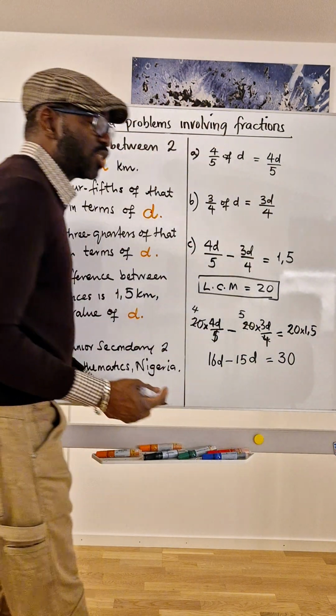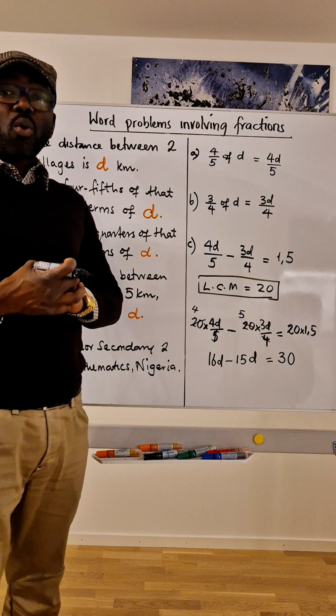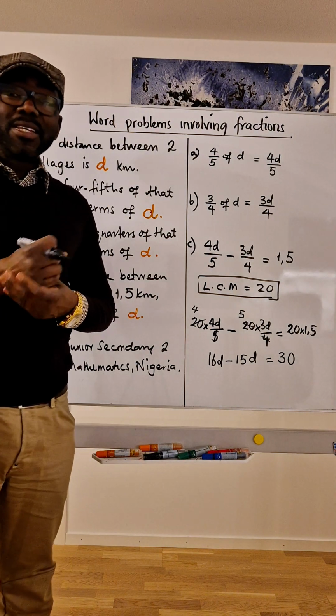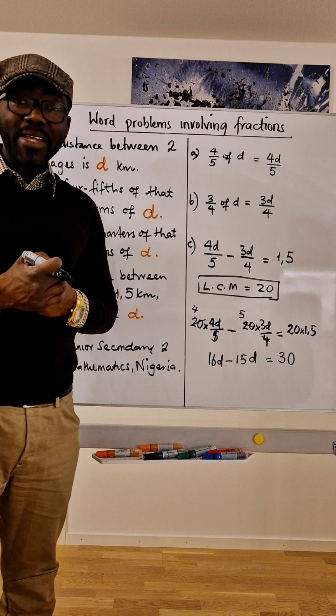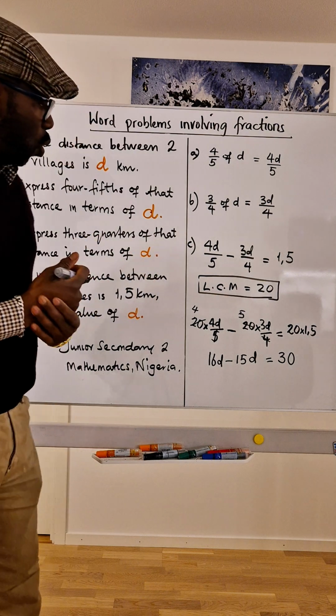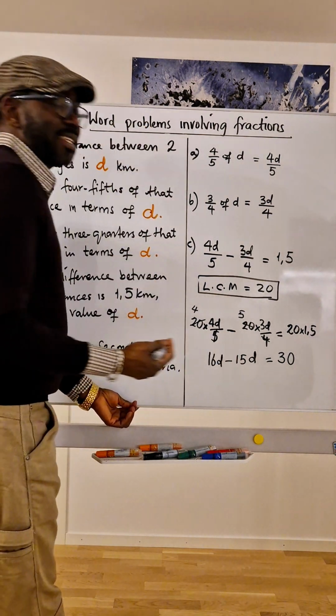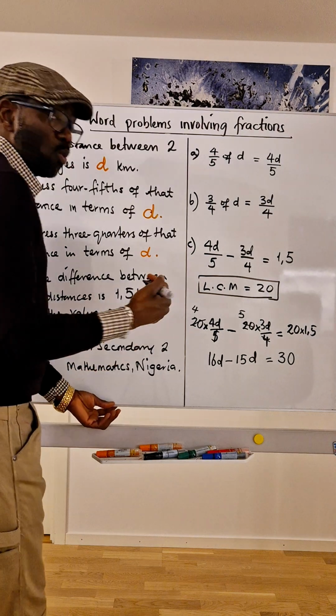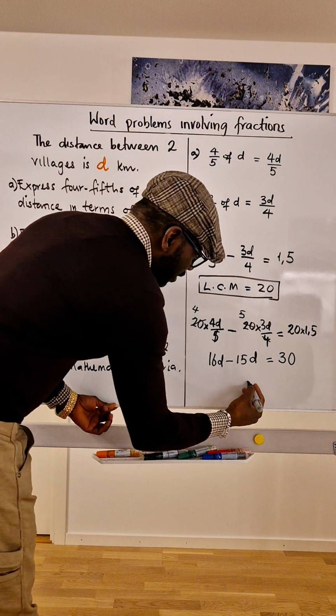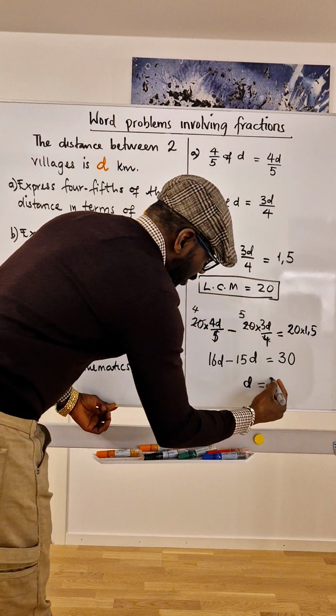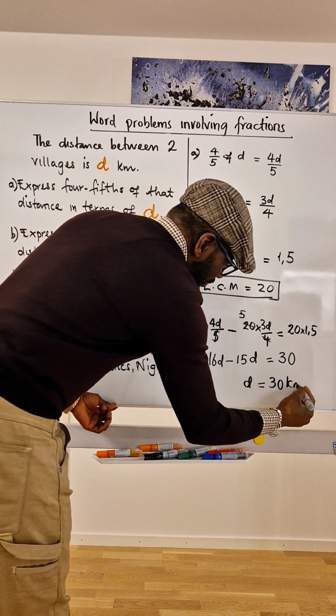If you multiply 20 times 1.5, it's like adding 20 to 10. That's 30. Okay. So we can see here that 16d minus 15d will be 1d. So we have only d left. d is equal to 30 kilometers.